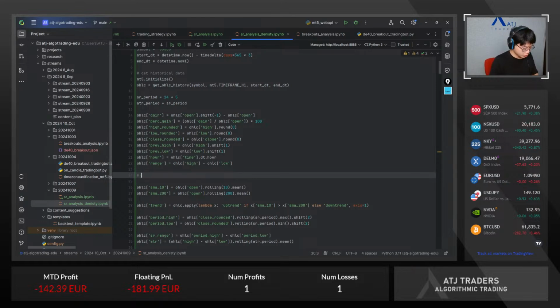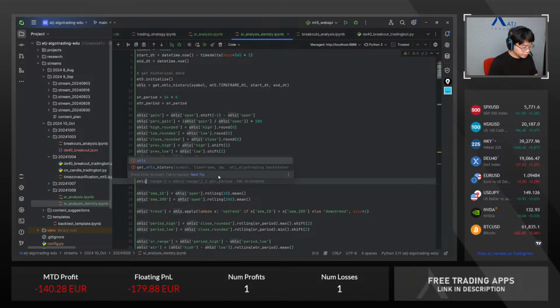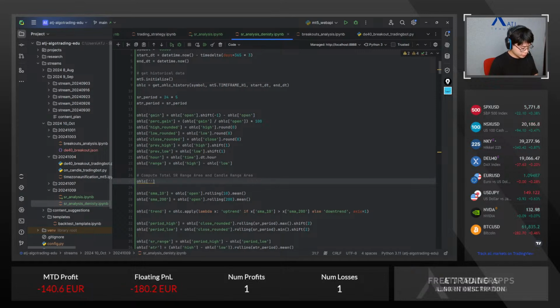So here I can do compute total SR range area and candle range area. So OHLC SR range area.